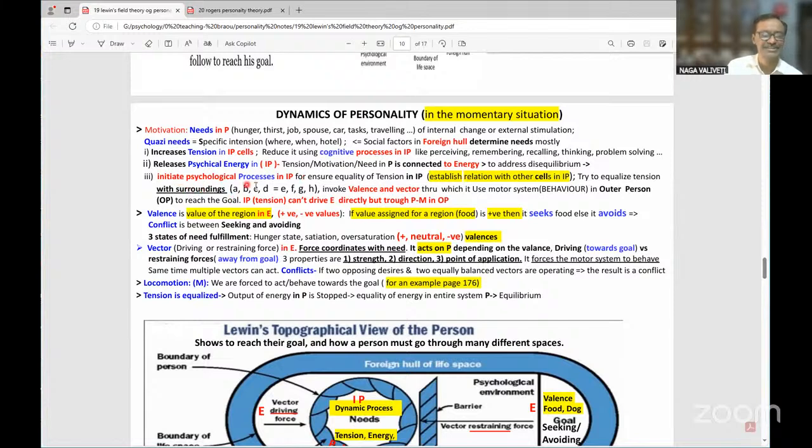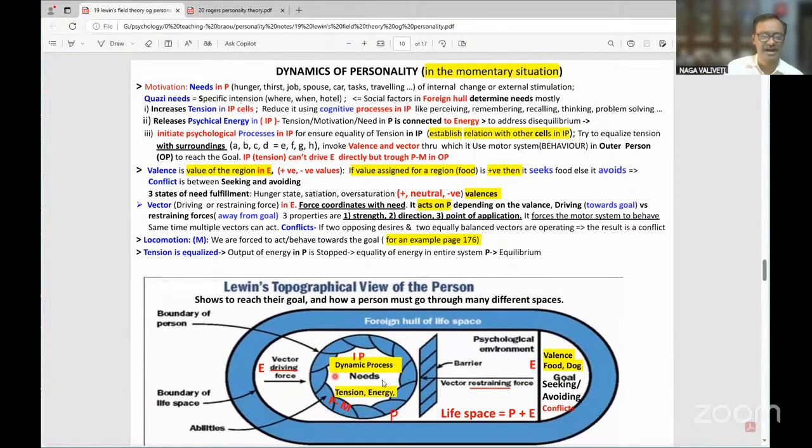Now it initiates processes to ensure equality in tension, or equilibrium, to be established in the IP, these regions. Then once this equilibrium is established, it invokes valency and vector in this E. This is E, the entire thing is E.